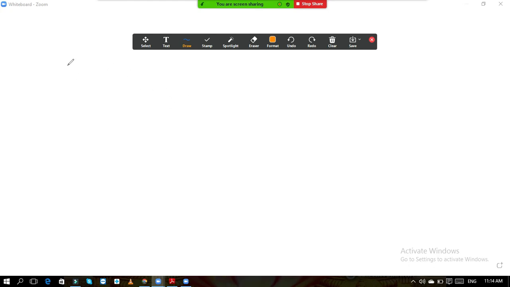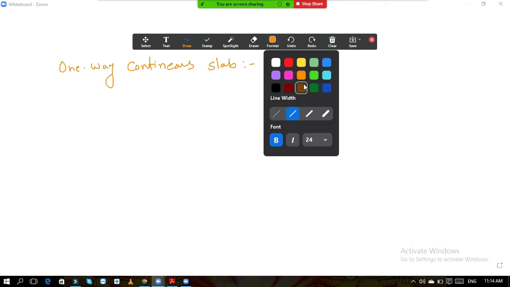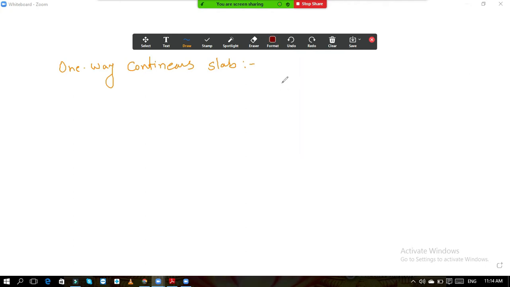So the next type of slab is one-way continuous slab. I will write down the numerical, you copy it down, and then we will solve.